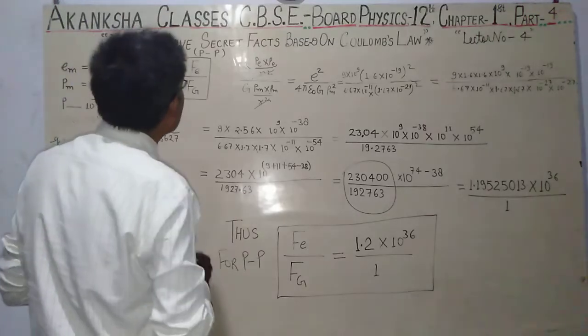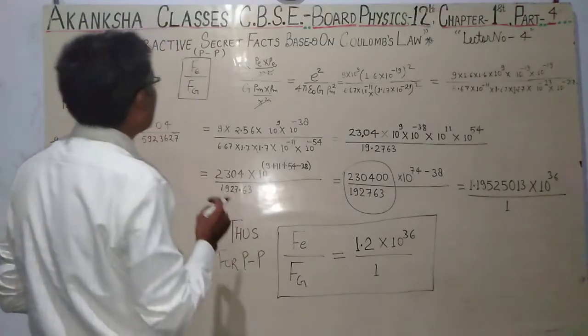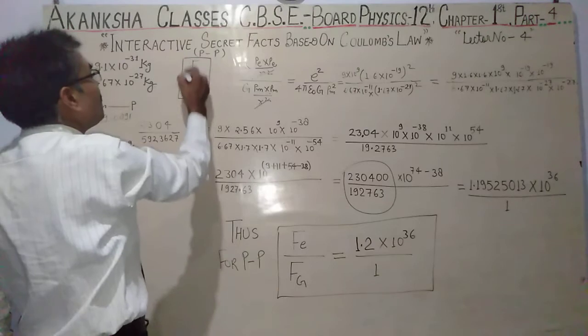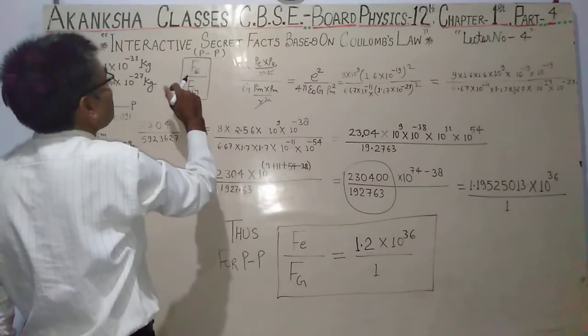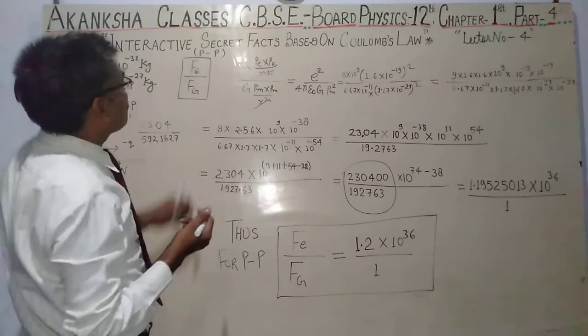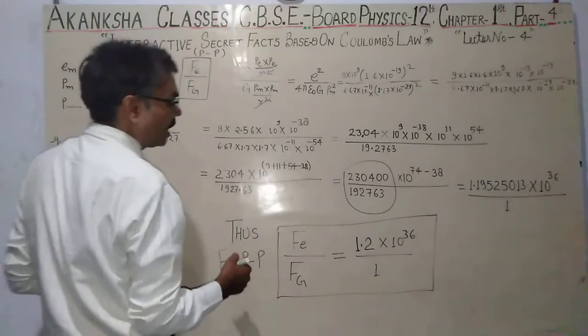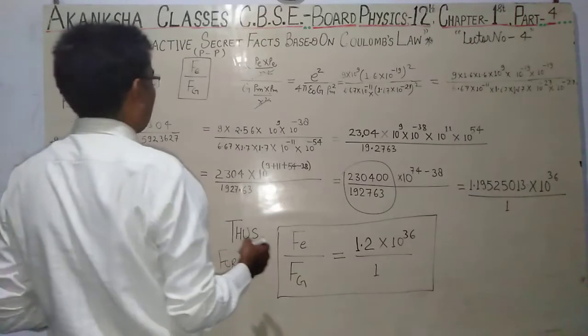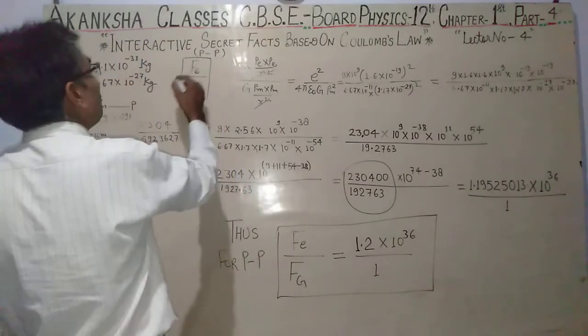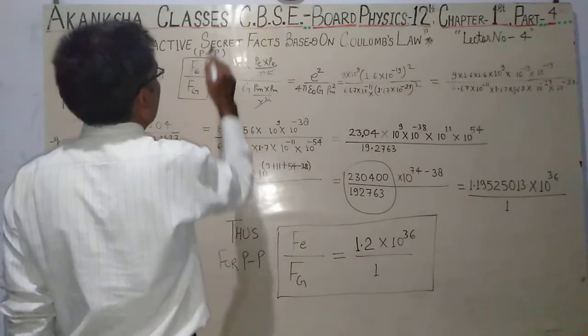Students, we were talking about the ratio of electrostatic interaction between two electrons, which is given by 1.3 something, and now we are talking about protons.